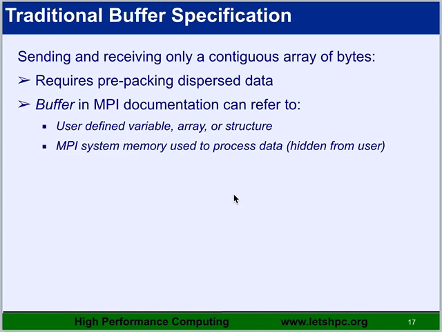A buffer is basically some kind of user defined variable. It can be an array or a structure. MPI system memory is a kind of memory used to process data, generally hidden from the user. We basically pre-pack the data which you want to send and put it in the buffer.